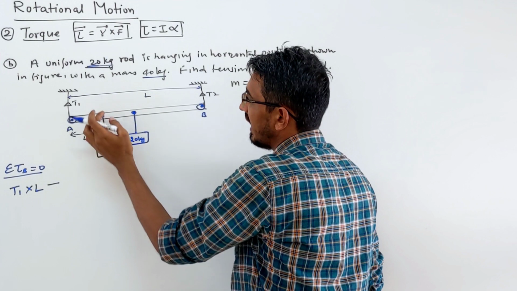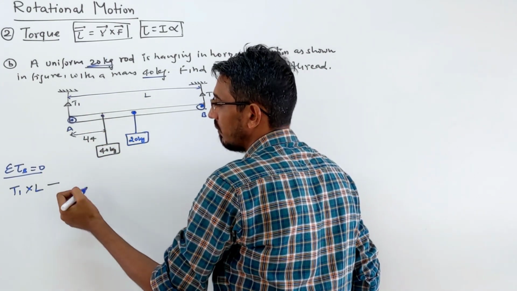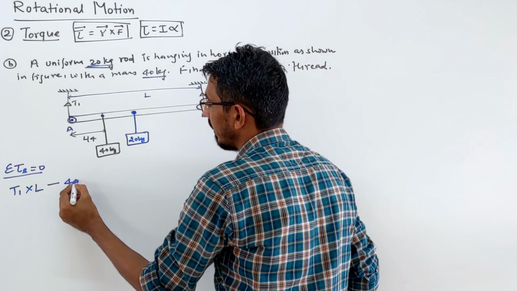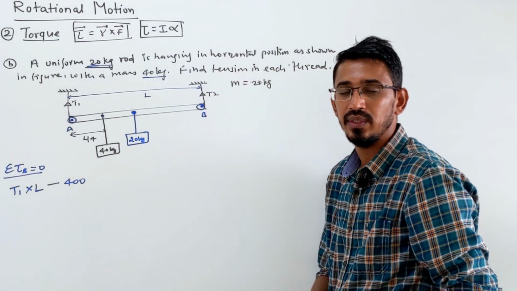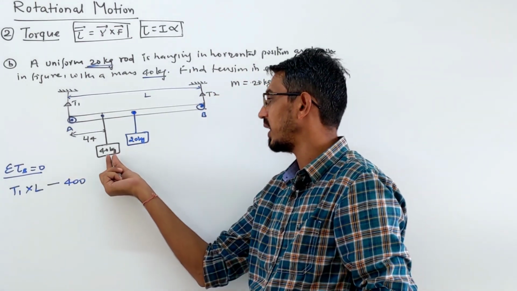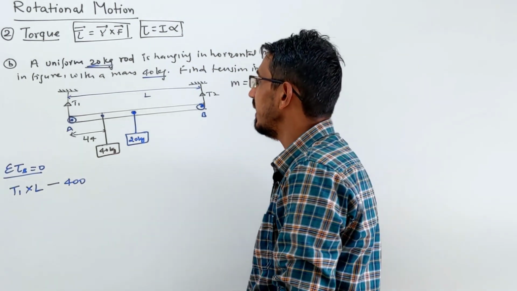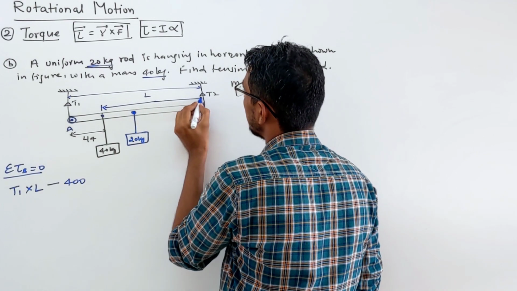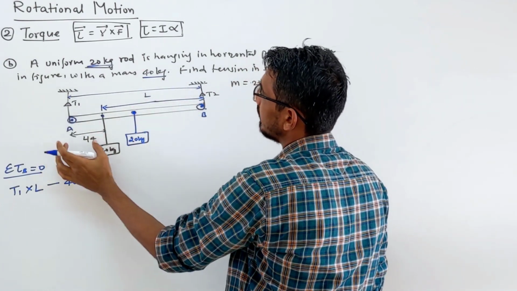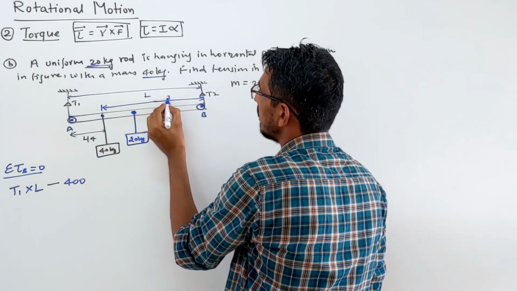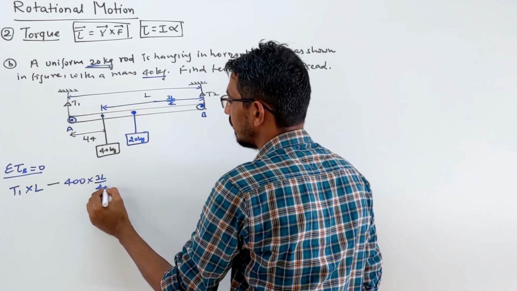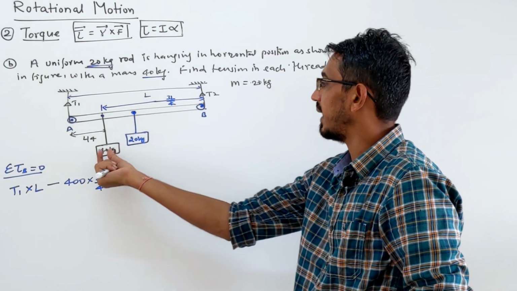So 40 kg is hanged here, so force times distance: 40 kg given, so mg is 400 N, into the distance. The total is L and the given distance is L by 4, so that distance becomes 3L by 4. So 400 into 3L by 4 is the torque due to that force.